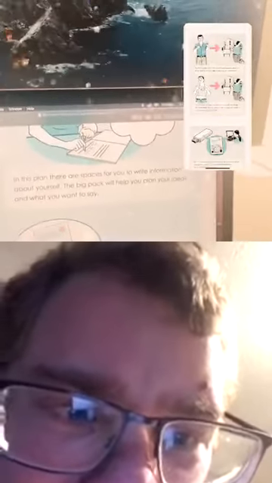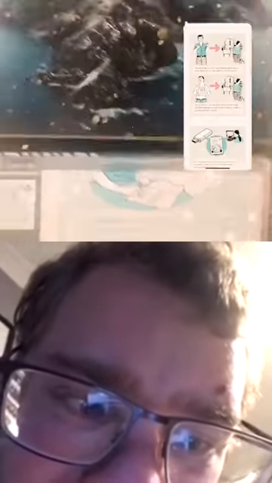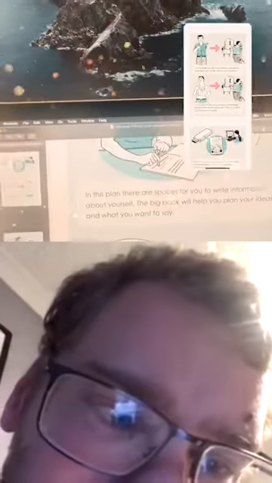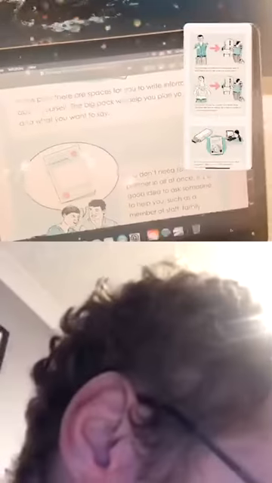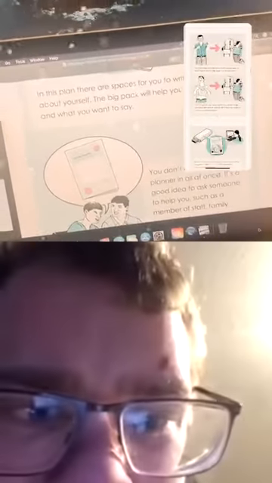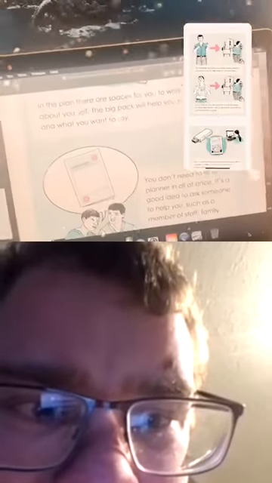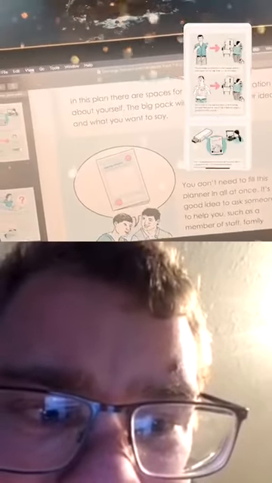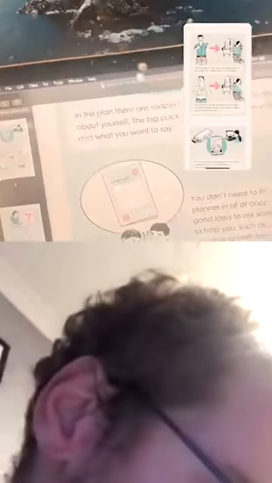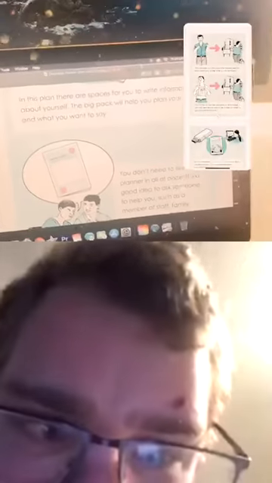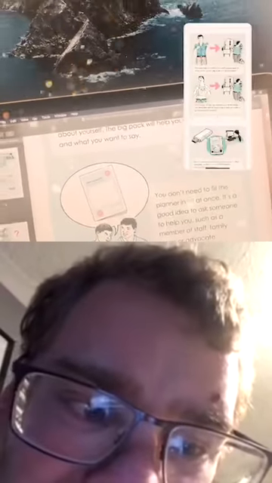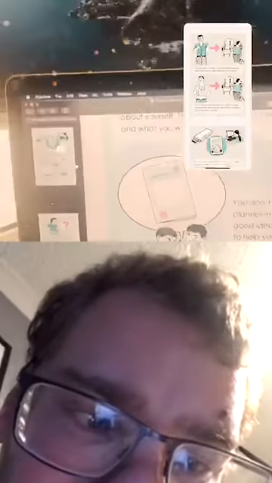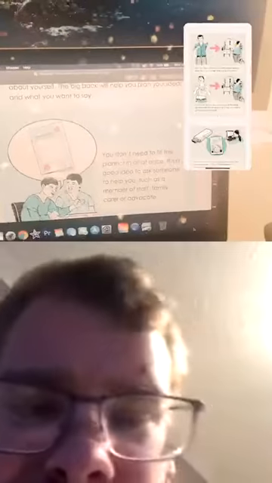The big part will help you plan ideas and what you want to say. You don't need to fill out this planner all at once. It's a good idea to ask someone to help you, such as a member of staff, family, parent, or whatever.